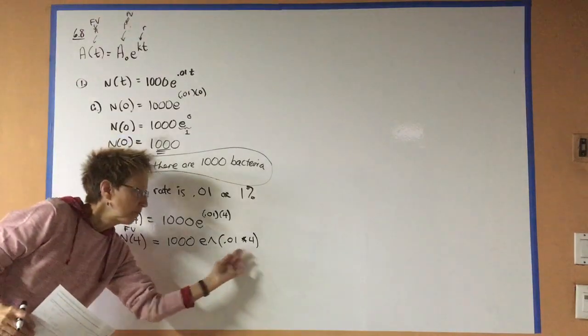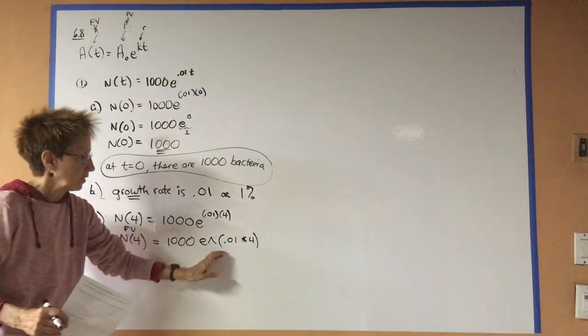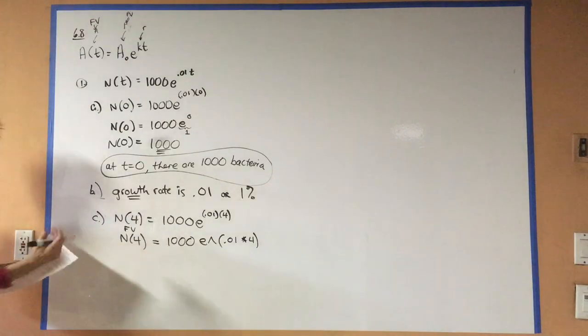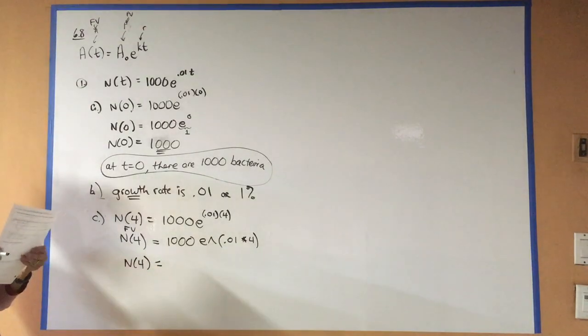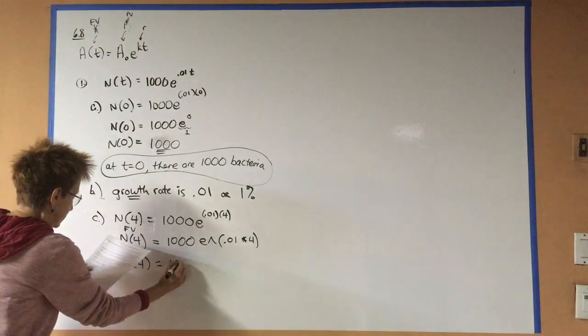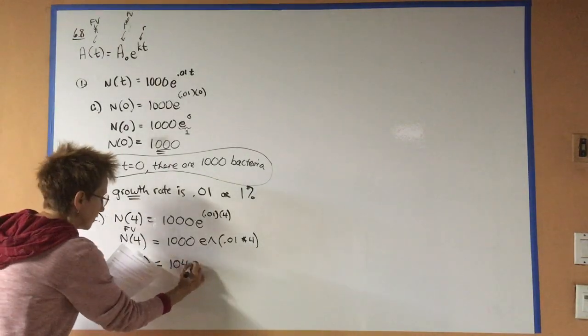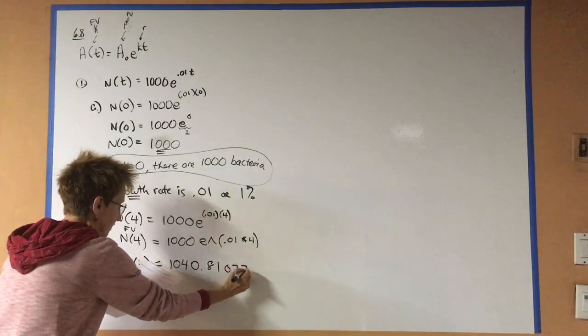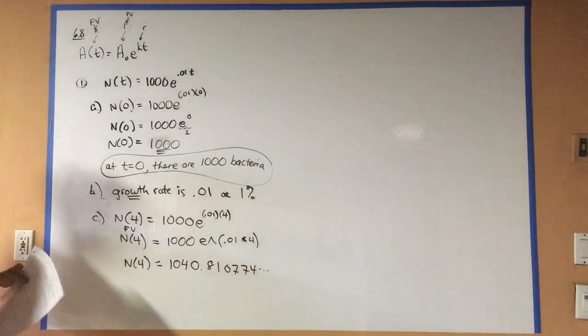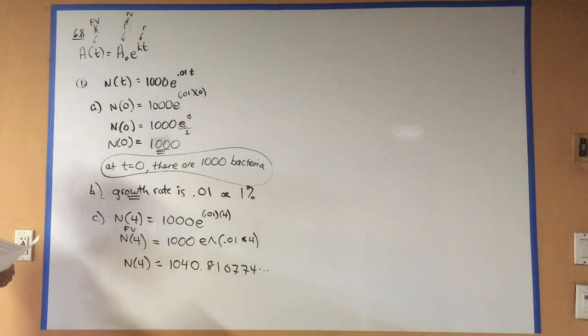This whole thing is the power, so I'm going to do it like this so that I respect my order of operations. And when I put it in my calculator, it spit out 1,040.810774. There's more in the calculator, but that's as much as it could get on my screen.